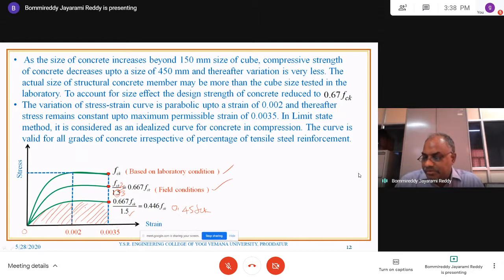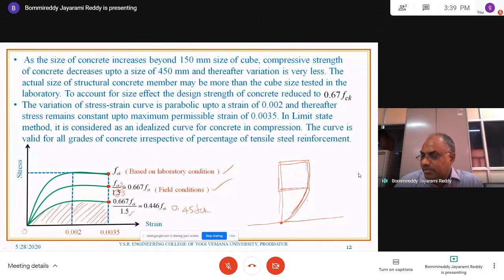Zero stress will occur only at the neutral axis. If we consider that this is the neutral axis, then there is zero stress for concrete, and it increases parabolically up to the strain of 0.002. After that it will be rectangular in nature.